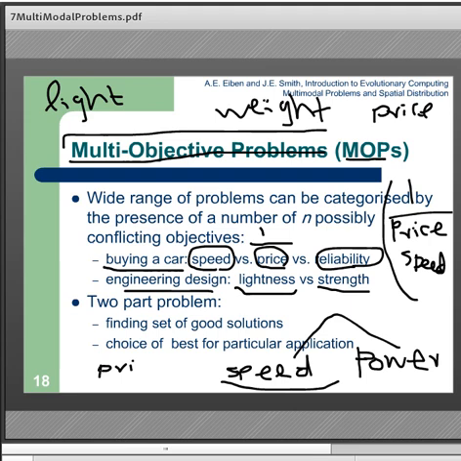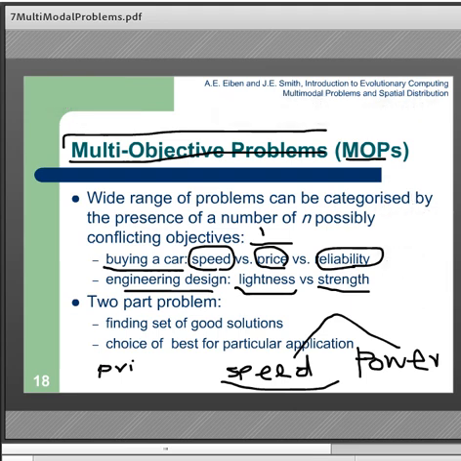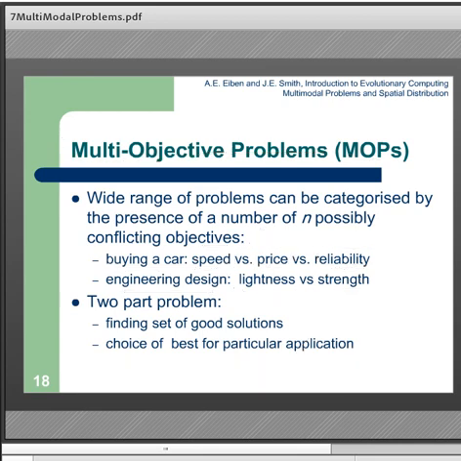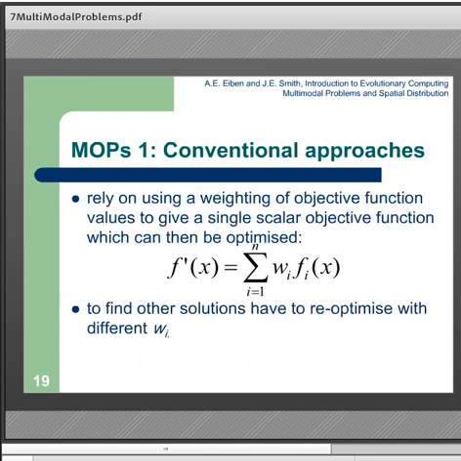The fitness are opposite. For example, we want to buy a cheaper car, or lower price, with higher speed, because this is opposite. Lower price causes lower speed, but we want to select the best price with the best speed. It is the opposite. We don't have one solution.